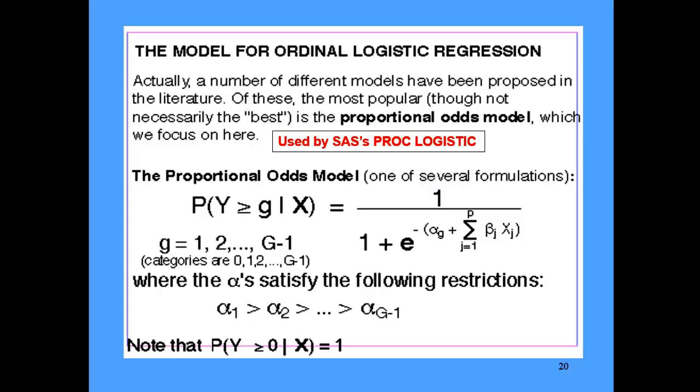You see the alpha sub g over here, right? Same thing as before, because it's got as many subscripts as one less than the number of different categories. And then on the right-hand side, you've got regression coefficients times a bunch of predictor variables.